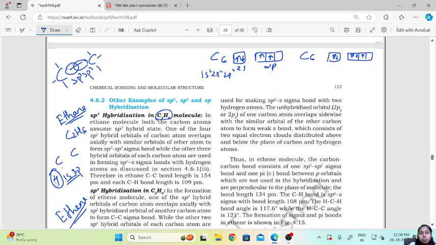Now, these 2s orbitals will overlap to form sp2 hybrid orbitals. The other remaining electrons of each will be involved in the formation of the pi bond. Here what will happen is, in this carbon, from 2s an electron will be shifted to 2p. Okay.